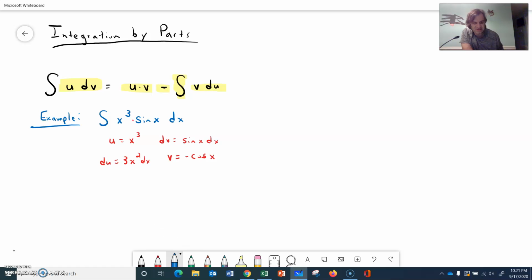Putting that back together, this will equal u times v, which is negative x cubed cosine of x, and then minus the integral of v du. We have a negative cosine, so we're going to make that positive out front, but then it will be 3x squared cosine x dx. So we've got something that's already integrated.